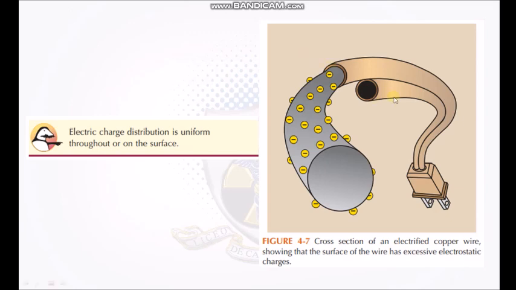When you try to hold that part, the possibility is that some of the electrons will be transferred towards your finger, towards your hand, the part that you placed in contact with that exposed copper wire. Some of the electrons from the electricity will be transferred from the copper wire towards your hand.